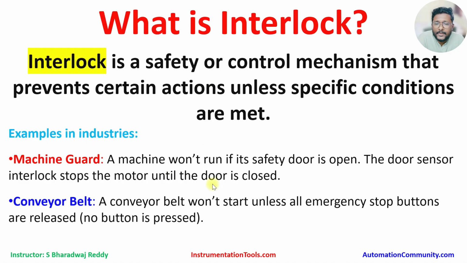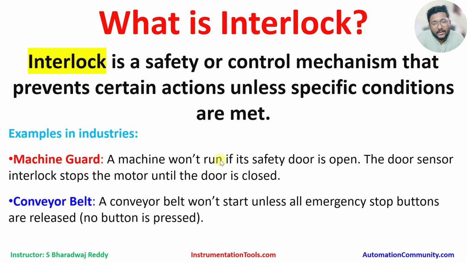See these examples below. The first one is a machine guard. A machine won't run if its safety door is open. For example, there is a machine and the operator gives the start command, but its safety door is open instead of closed.